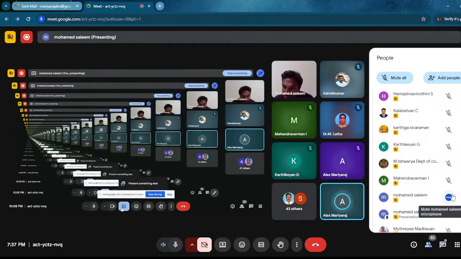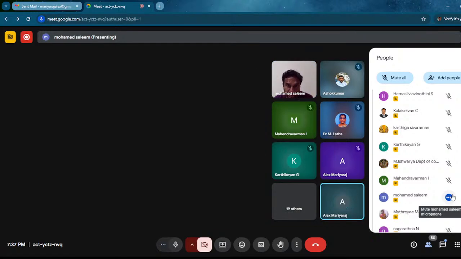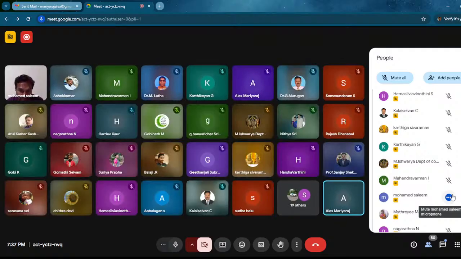Just switch on your entire screen mode in Google Meet. After that, minimize your Google Meet window and open your PPT. There is a network issue, I think.